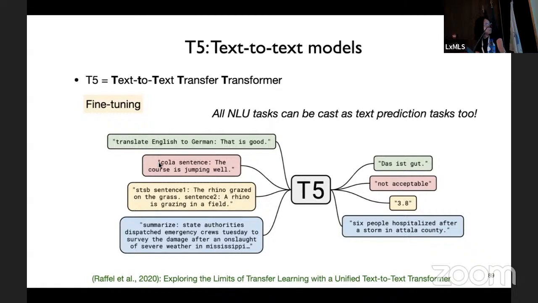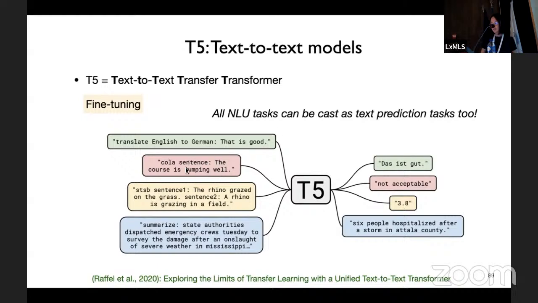For example, if this is a semantic textual similarity task, and the goal is to predict just one score to capture the similarity between these two sentences, and the output is just one score, 3.8, they just cast this as a text prediction task.